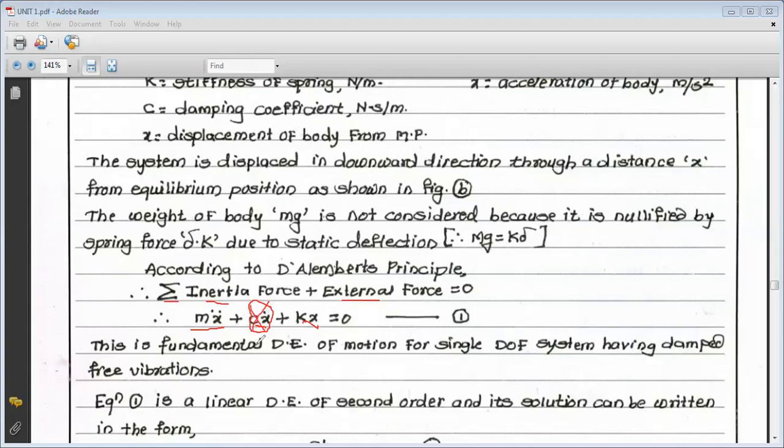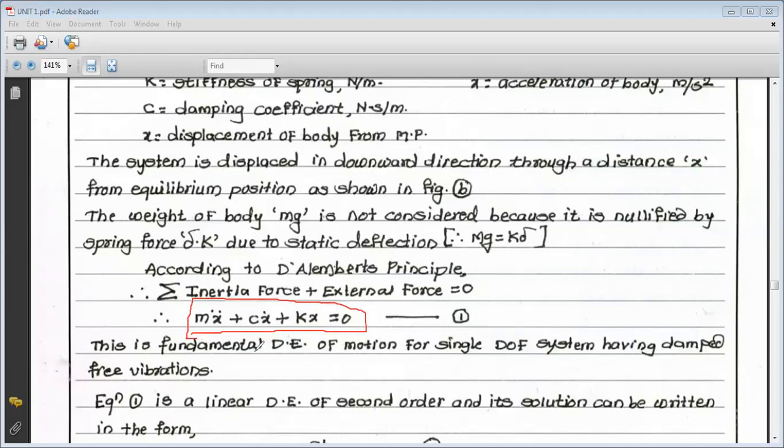So the fundamental equation is mx double dot plus cx dot plus kx equals 0. This is equation number 1.